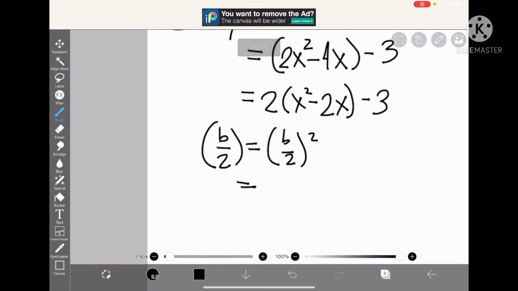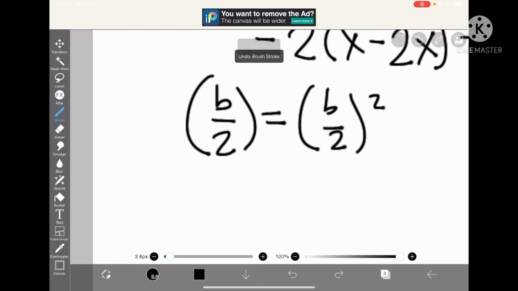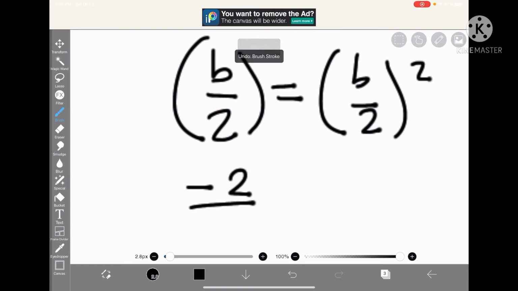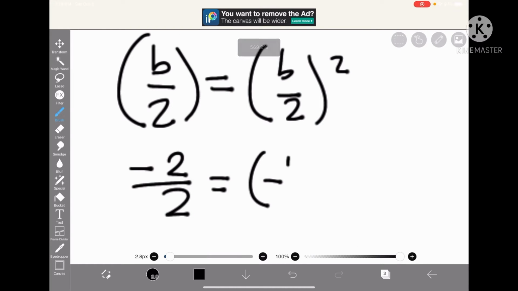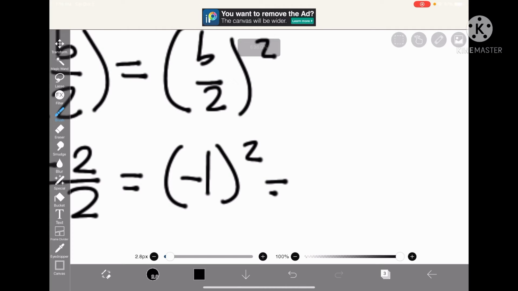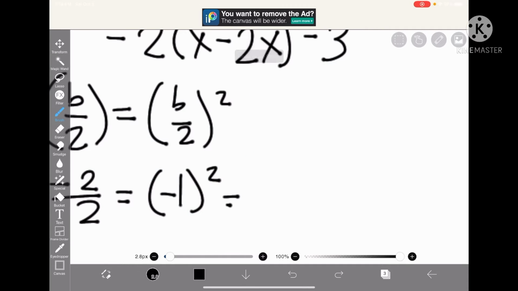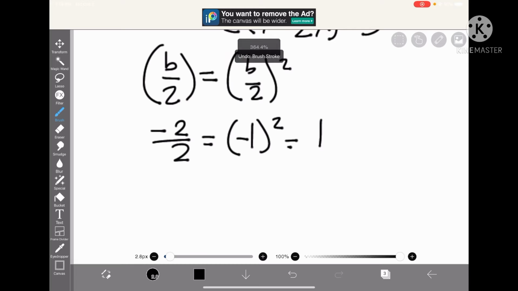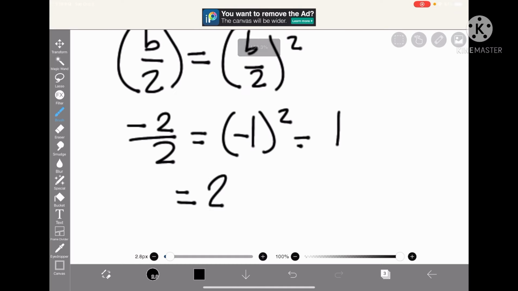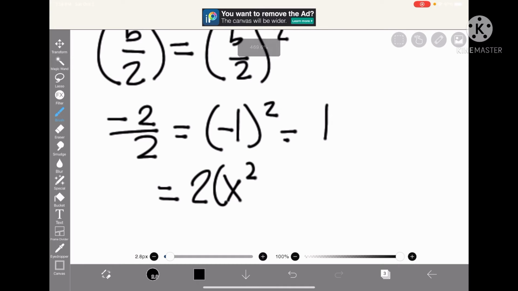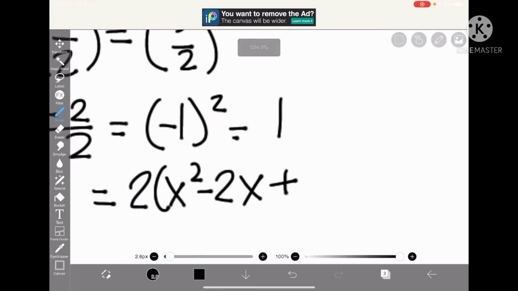Let's try. So, negative 2 divided by 2 is negative 1. Multiply it twice to become a positive 1 since negative times negative is positive. Add 1 here.